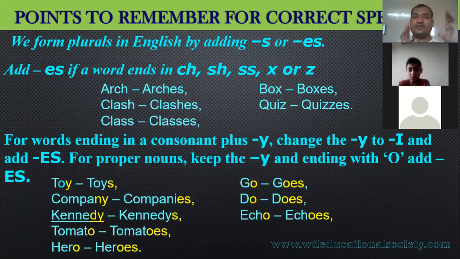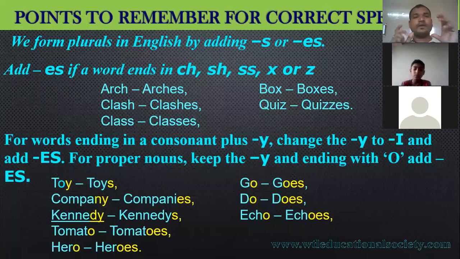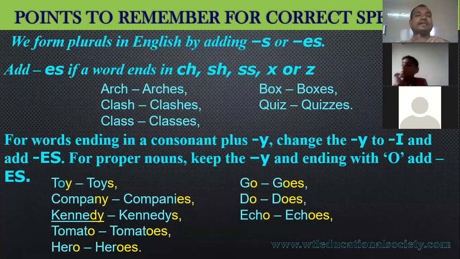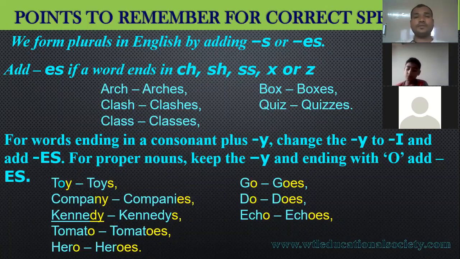We should not change the Y to I. And if the ending is O, in that case you need to add ES to make the plural. So these are some points to remember while making the correct spelling. Is it clear so far?